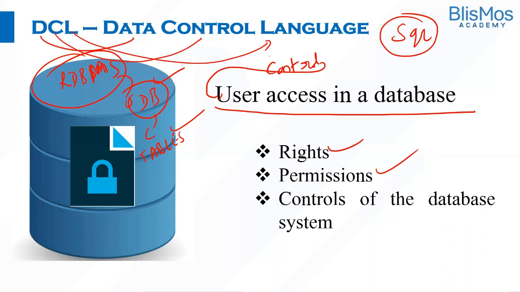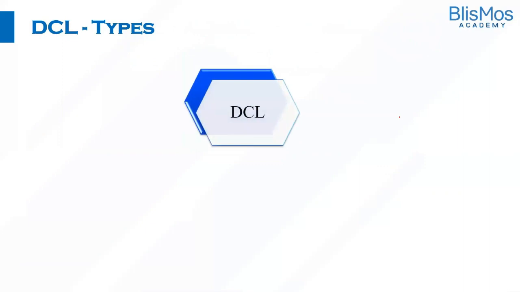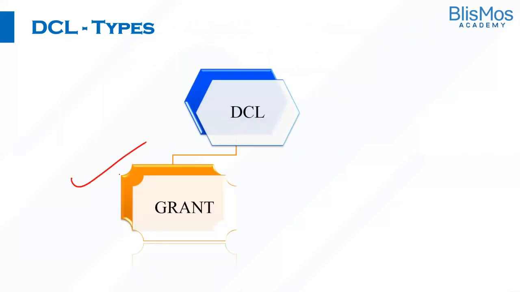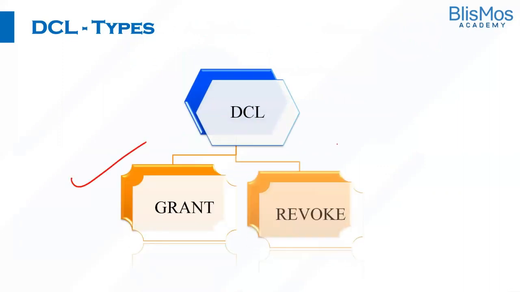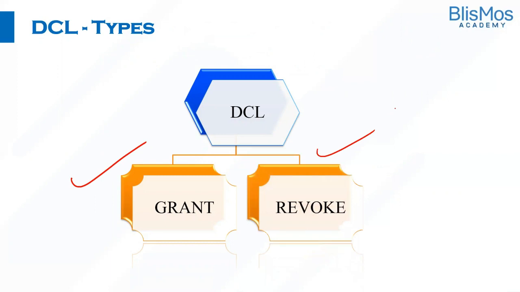All in all, DCL is very important to control the access of tables and databases to particular users in an organization. There are different types of DCL. One is grant, and the other is revoke. These are the two DCL types, that is, data control language types.